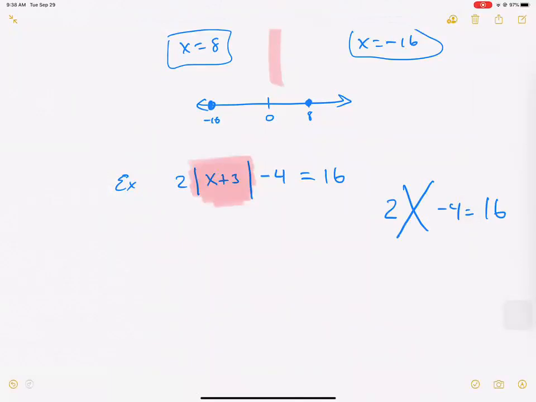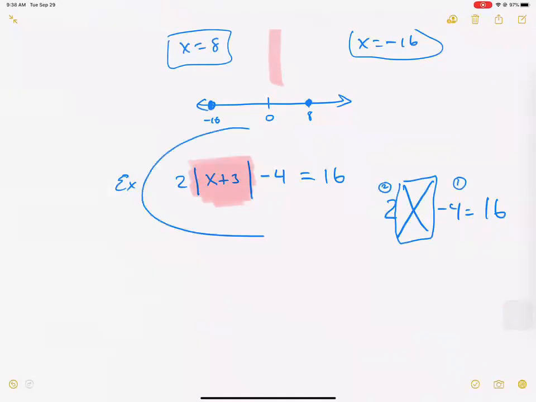Right? Think of it as this type of problem. What number do we get rid of first, the 2 or the 4? We practiced before. We get rid of what's farthest away? The 4. Add 4 to both sides. And then we get rid of the 2. So that's the plan. Get rid of the 4, then get rid of the 2.